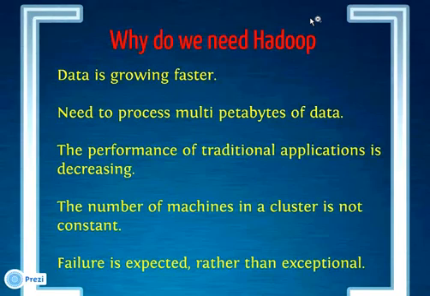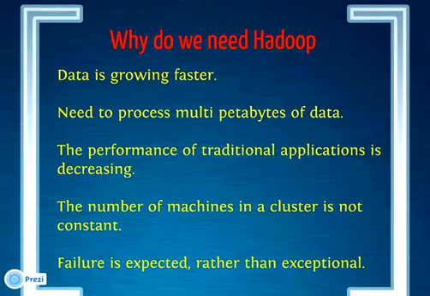Suppose currently my total data is 200 GB and I'm processing it on a single machine. That's fine, that does not create an issue. But after 5 years, when my business has grown and my data size has increased from 200 GB to 10 terabytes or 5 petabytes, if I'm still using the same hardware, a single machine, to process my data, there will definitely be a decrease in performance.